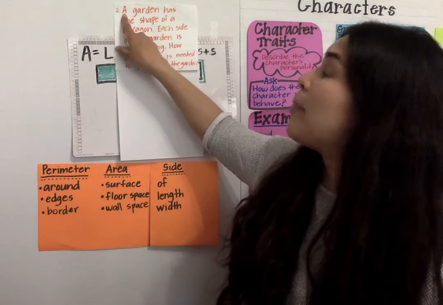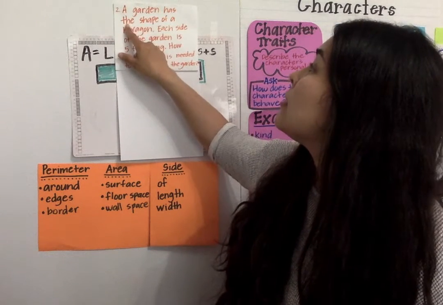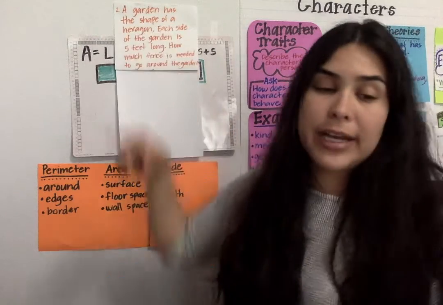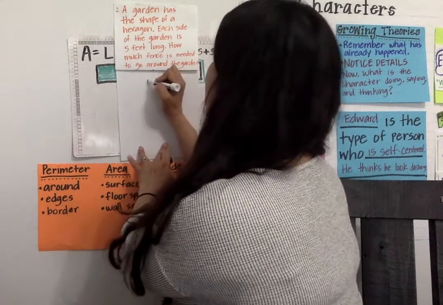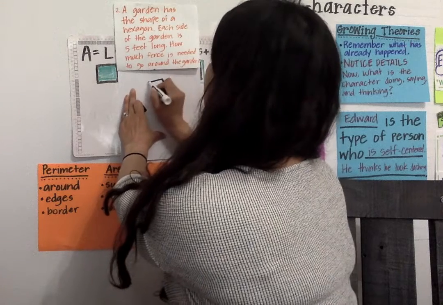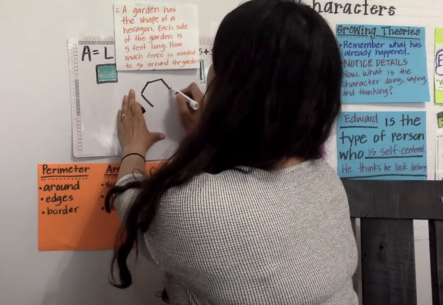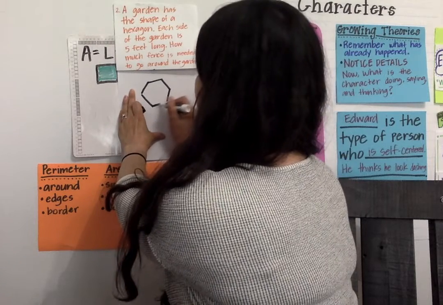Okay. So I'm going to read it again. A garden has the shape of a hexagon. Okay, so right away I know I need to draw a hexagon. A hexagon has 6 sides, right? So 1, 2, 3, 4, 5, 6. Okay, so I have my hexagon.